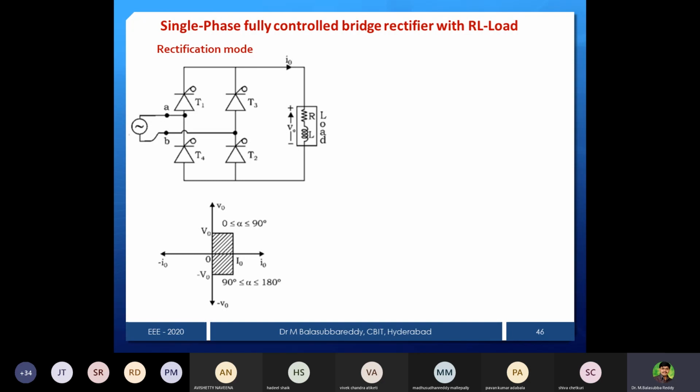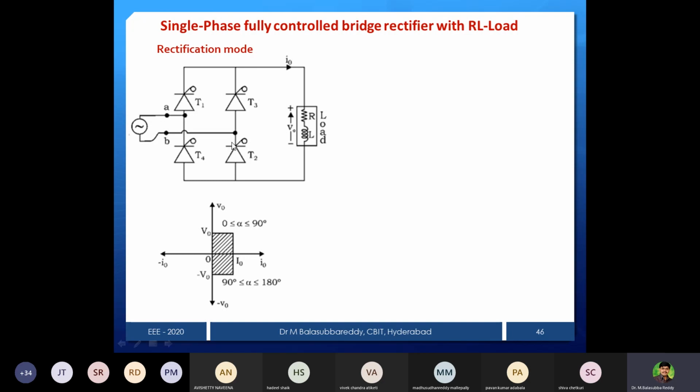So that means whatever DC load power is there, that is fed to the source. So that is converted to AC. That means DC to AC, it is an inverter. But why line commutated? Because to turn off the device we require the same line supply. So that's why it is a line commutated inverter. And that is one important question: explain line commutated inverter.